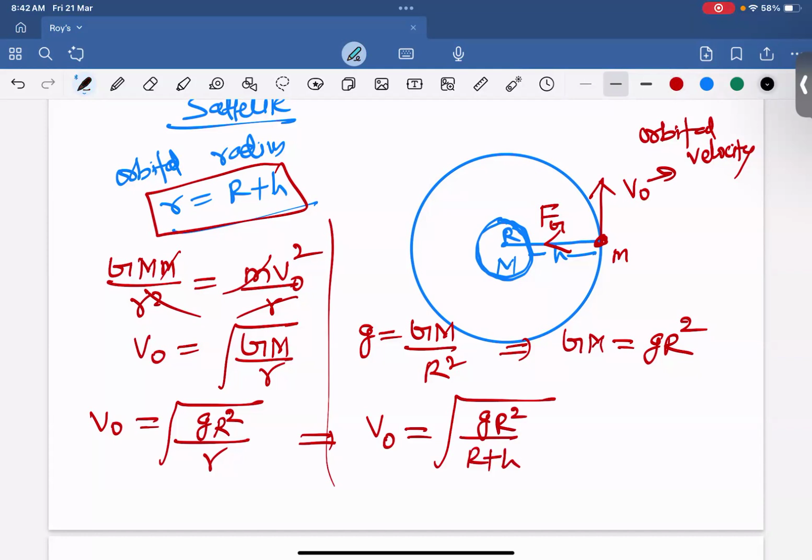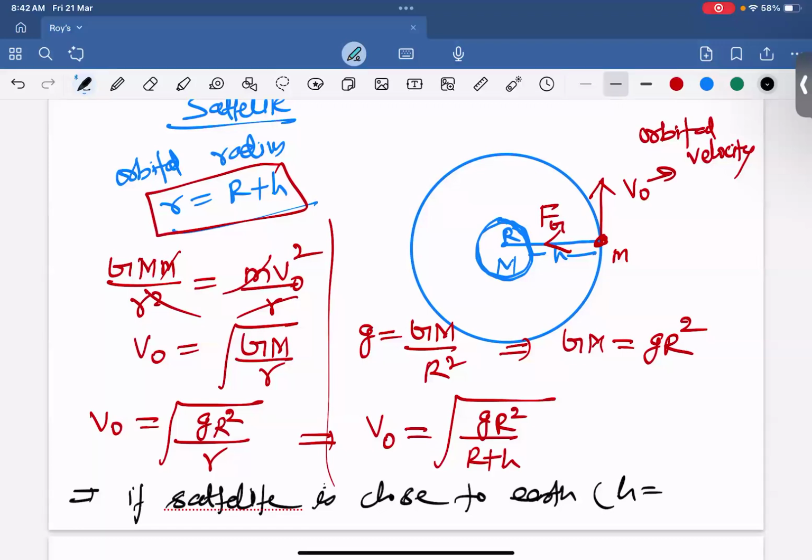Now, here one condition may be that if the satellite is close to the earth, that means h you can ignore, h you can make 0.